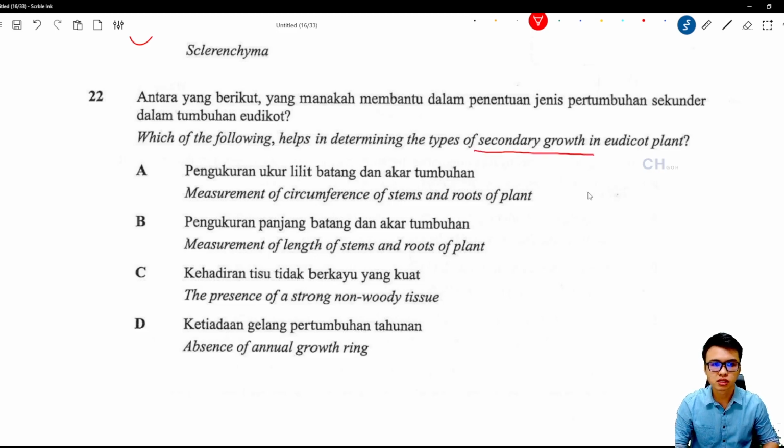Which of the following helps in determining the type of secondary growth of eudicot plants? Secondary growth means the plant is growing horizontally. So if you want to determine it, you are going to measure the circumference of the stem and the roots of the plants.